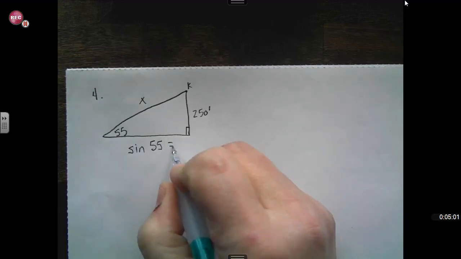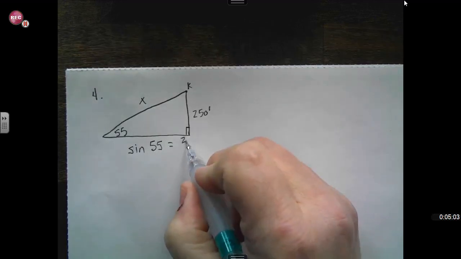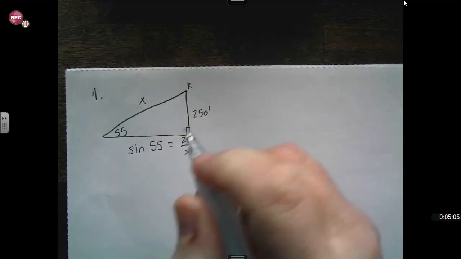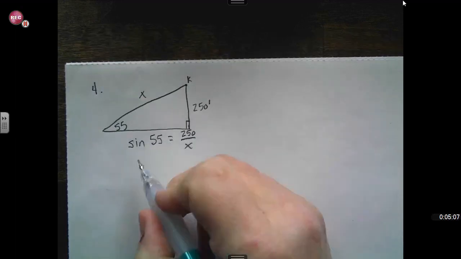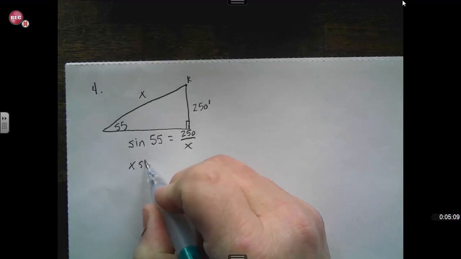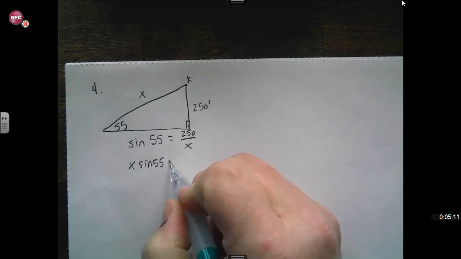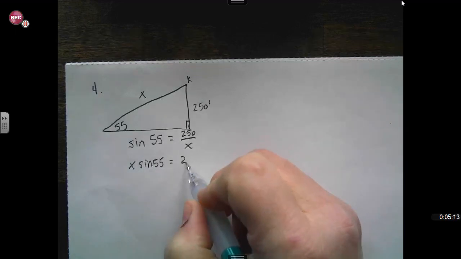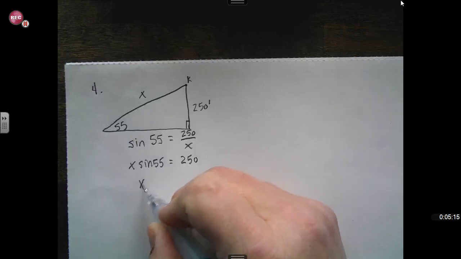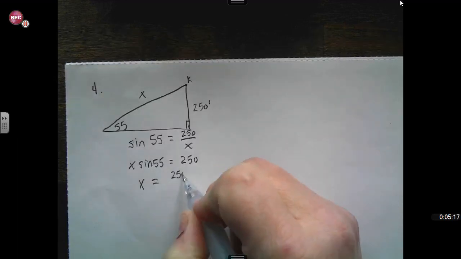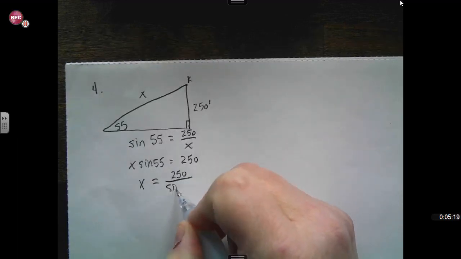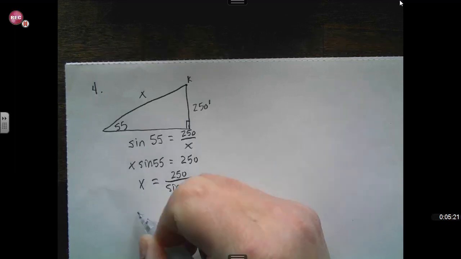Sine 55 equals 250 over x, and then again to solve that, I cross multiply, I get x sine 55 equals 250. So x is 250 divided by the sine of 55.